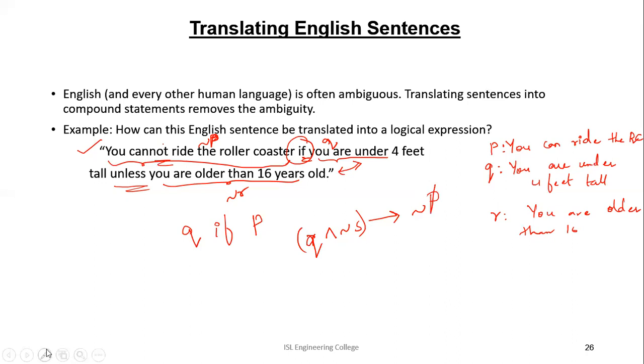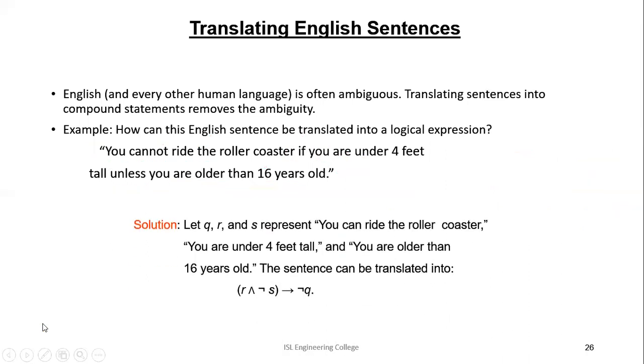Now let me just clear the slide so that I can give you the official solution. One thing to be noticed over here is I used the propositional variables P, Q, R. Here the propositional variables are Q, R and S. So you can use any kind of propositional variables, but if you match the answer, it will be the same thing.